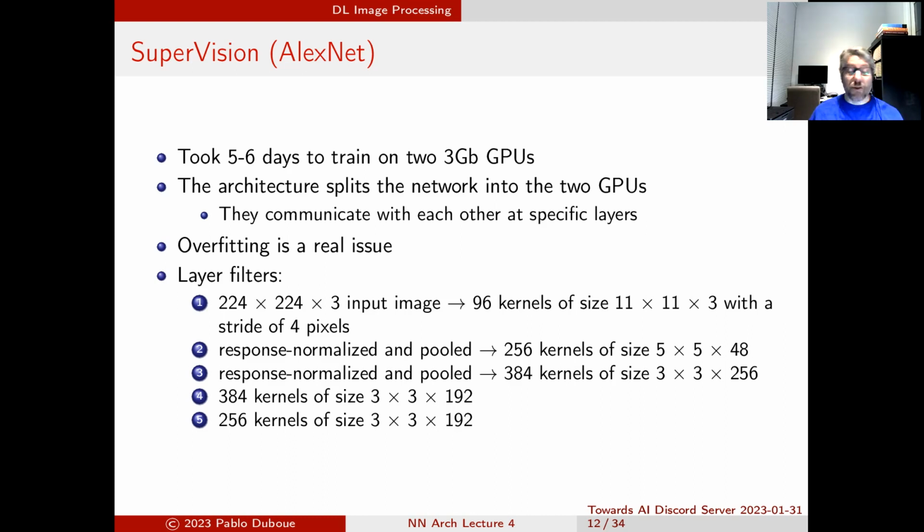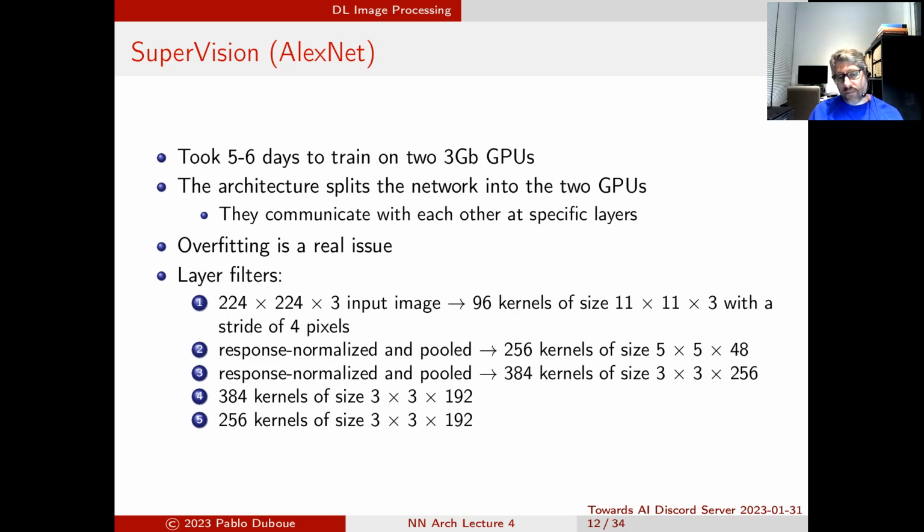And as mentioned, because they have so many parameters compared to the data, overfitting was a real issue. And they describe how dropout and variations over the data really helped them overcome overfitting.